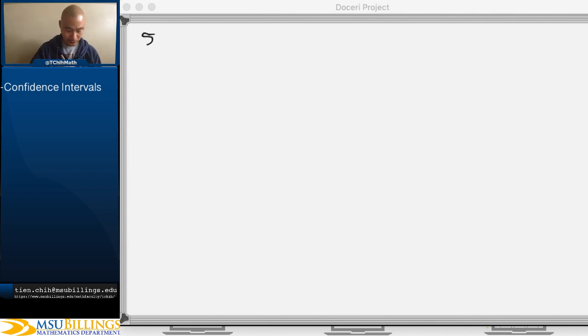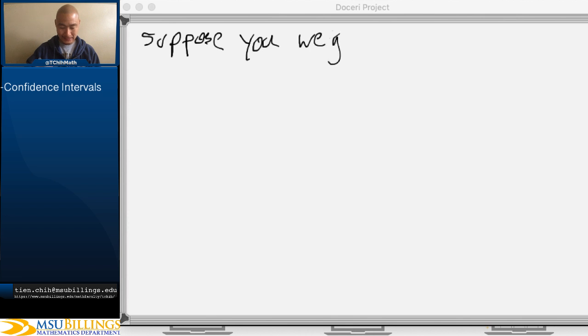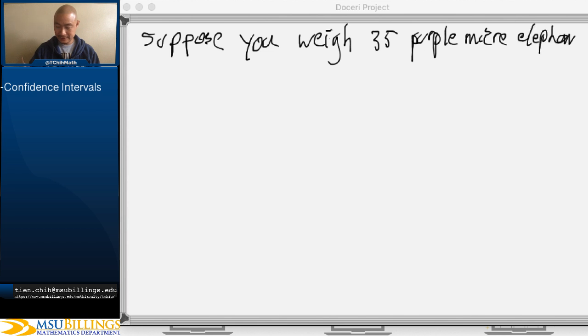So, suppose you weigh 35 purple micro elephants. Purple micro elephants are a made up animal, so I can play with the numbers here to some extent.